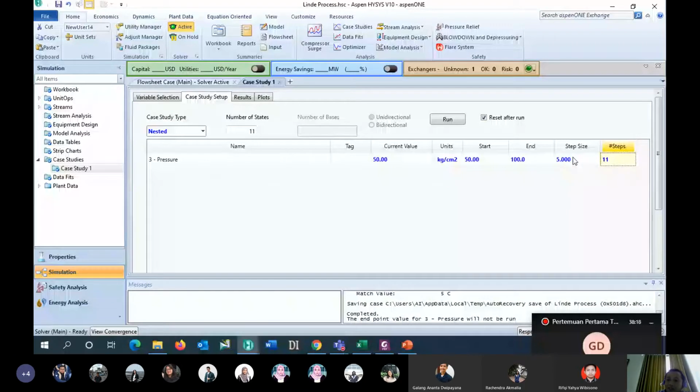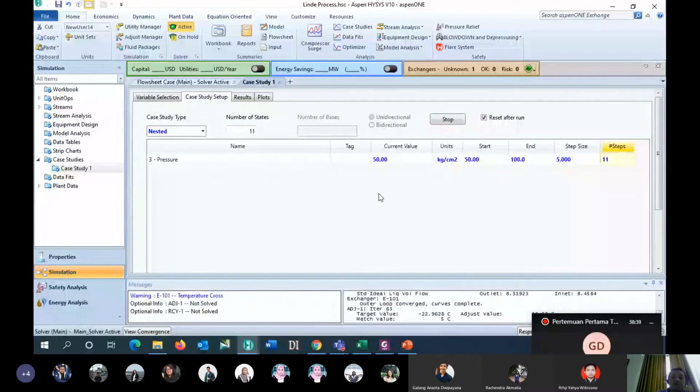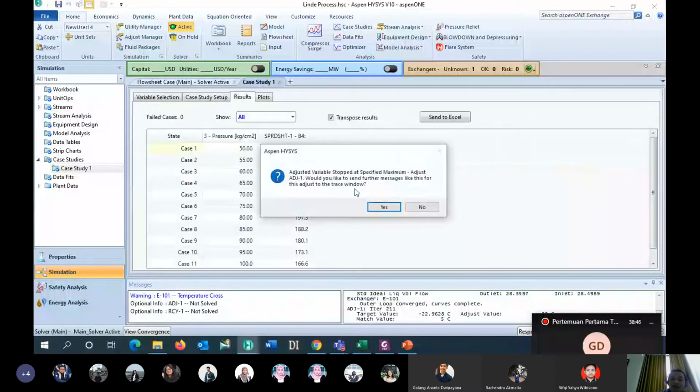For this variation, I will have 11 points or 11 steps. Then I click run, so HYSYS will conduct the simulation, and after that I will go to the results.